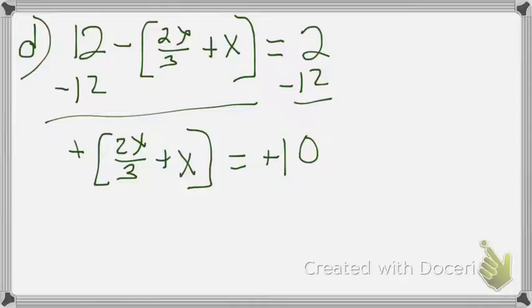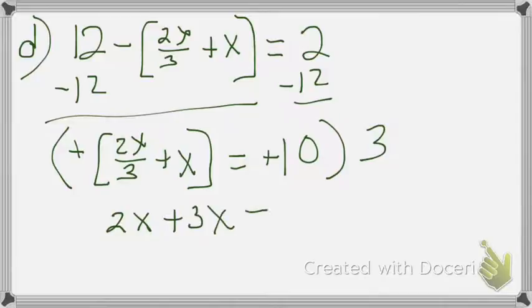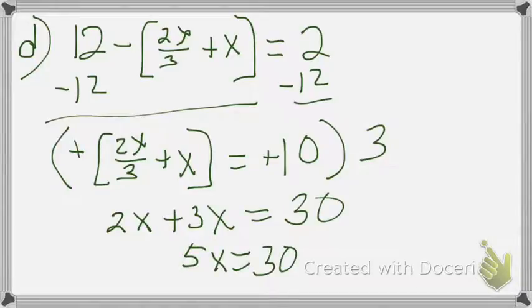Now with the 2x over 3 plus x equals 10, what I could do here is multiply everything by 3. And that would give me 2x plus 3x equals 30. 2x plus 3x is 5x. That equals 30. And x equals 6. And that's number 8.